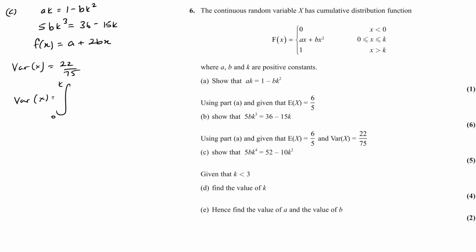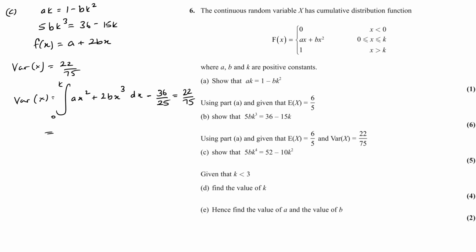So I'll just put it in one go: ax squared plus 2bx cubed, minus the mean squared, so 36 over 25, and that equals 22 over 75 there.